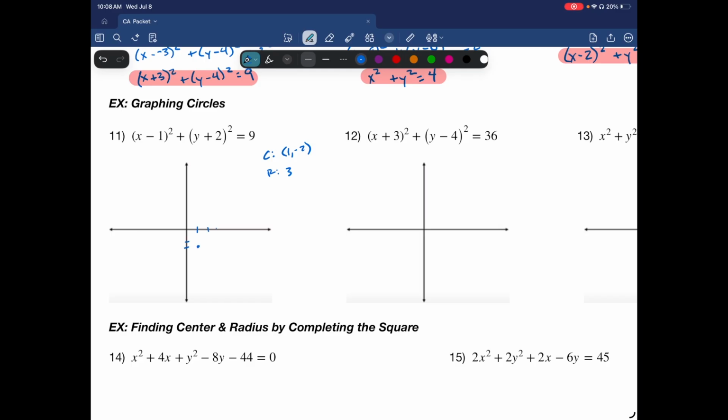I got 1, 2, 3. 1, 2, 3. All right, so I'm going to go out 3 paces in every direction. And so that's going to be 3, 3, 3, and 3. And then you just connect your dots.